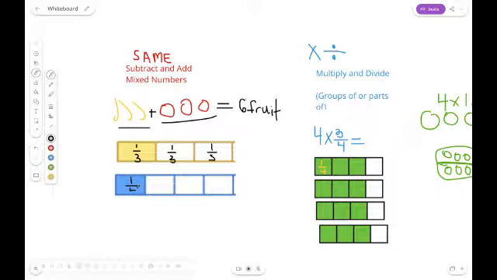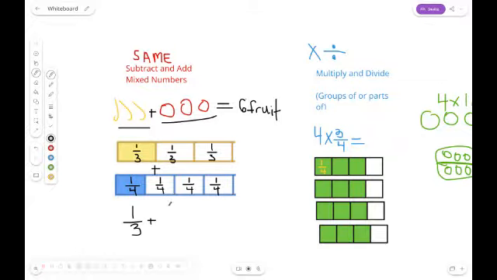Yeah, fourths. So I have 1/4. Each one of these represents a fourth. There are 4 parts in this whole, but I only have 1/4 of them shaded.